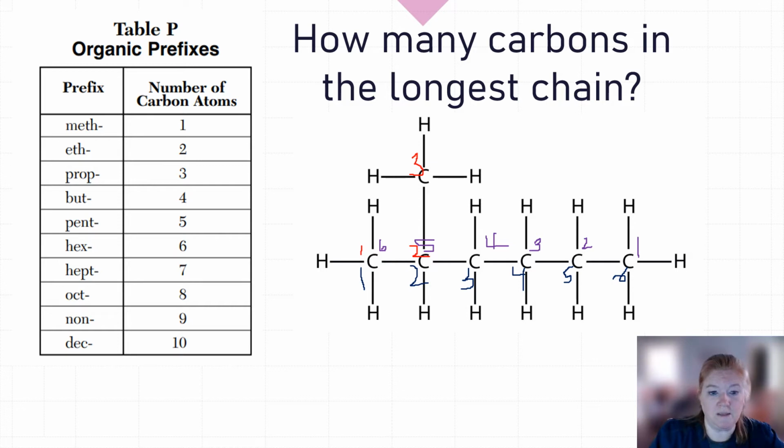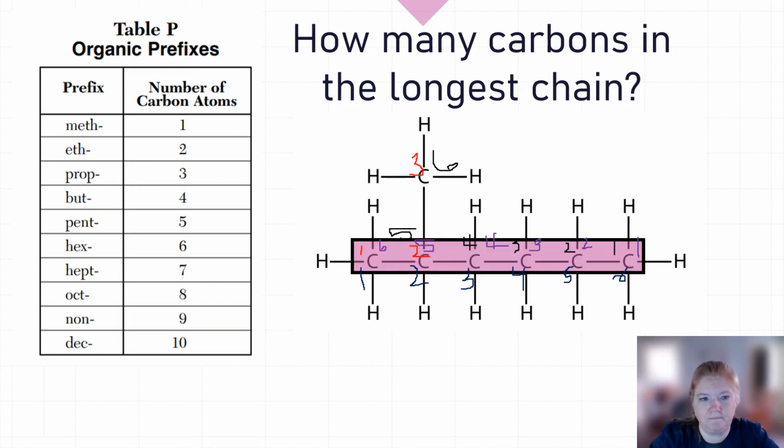Or one more possibility, we could go 1, 2, 3, 4, 5, 6. Okay, no matter what, I have 3 different ways that I got a big number. This one in red is definitely wrong. That's only 3. So how many carbons are in the longest chain?